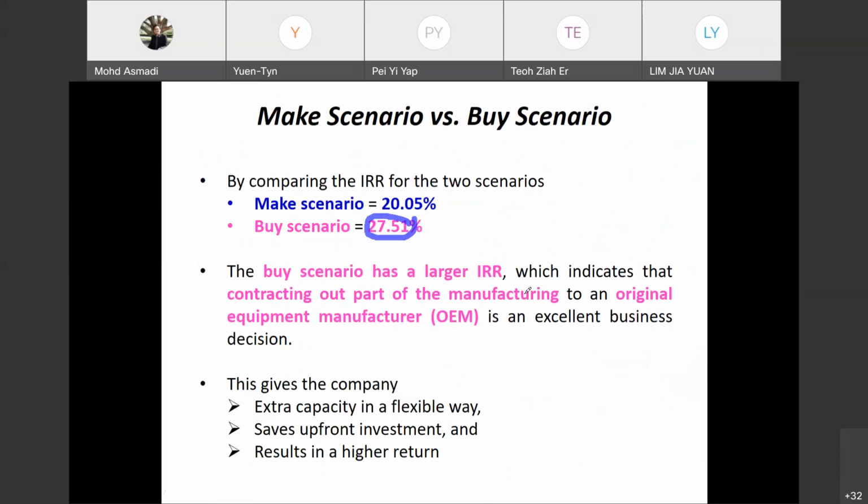So we outsource, we find vendors or contractors to buy our key ingredients. This gives the company extra capacity, a flexible way, saves upfront investment, and results in higher return. So this is when we do the comparison. You understand?